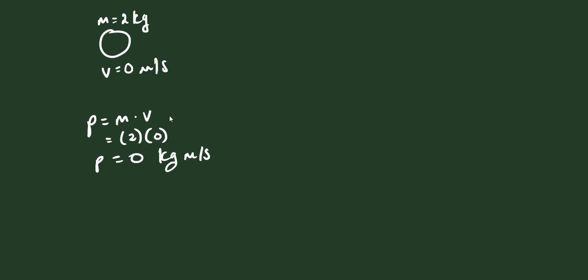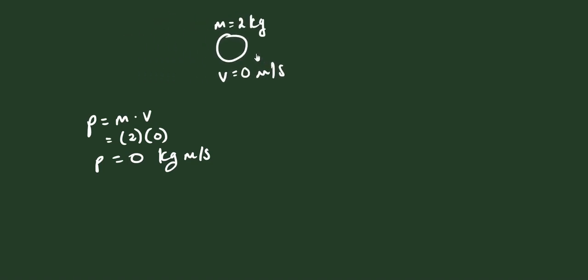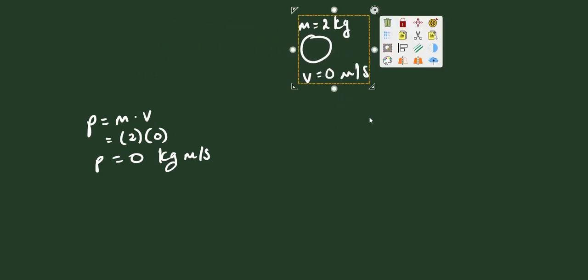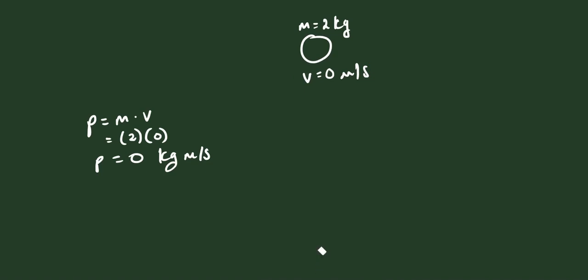But if the object starts to move, then it starts having momentum. So if an object is moving, it has momentum. Let's say it is 5 meters per second, then the momentum would be mass times v, which is 2 times 5, which gives you 10 kg meters per second.